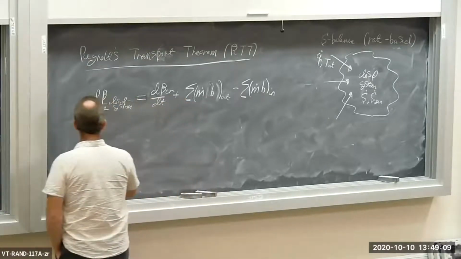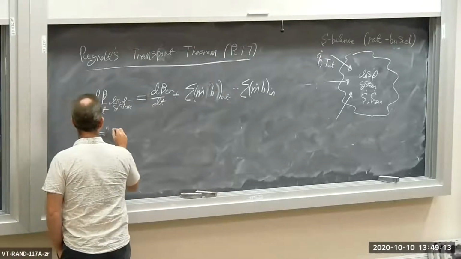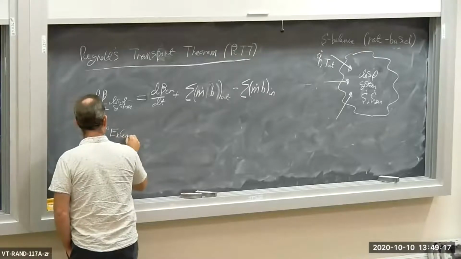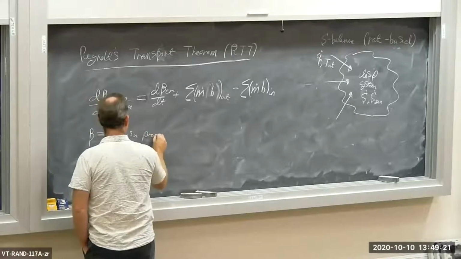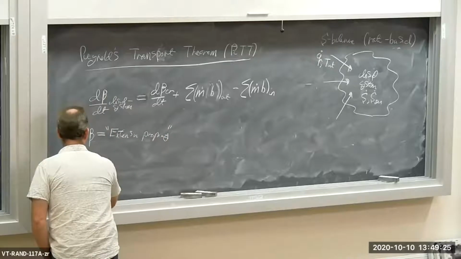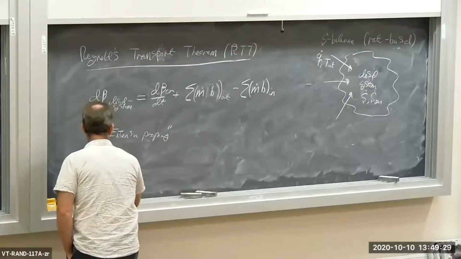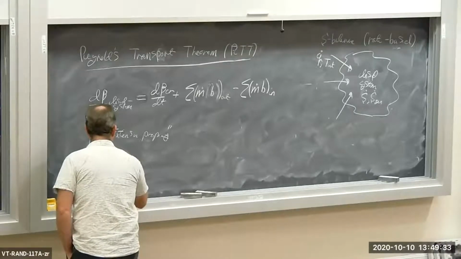So let's write down the Reynolds transport theorem one more time. Remember beta here. Beta is some extensive property. And lowercase b is the intensive property, so beta per unit mass.